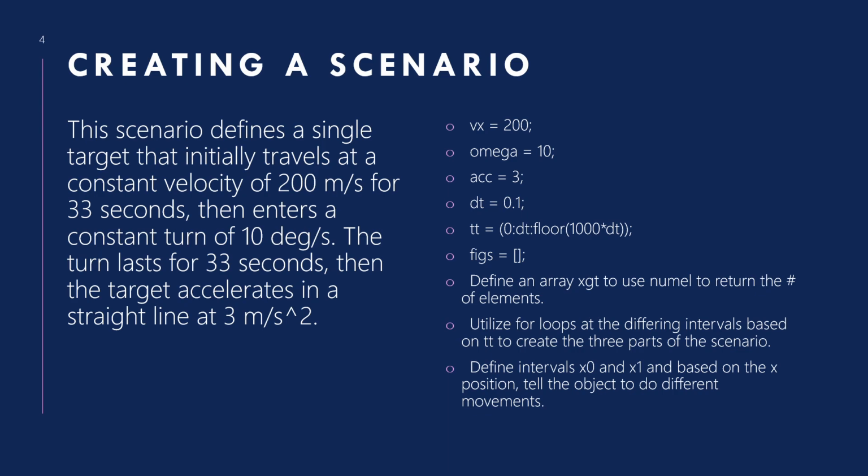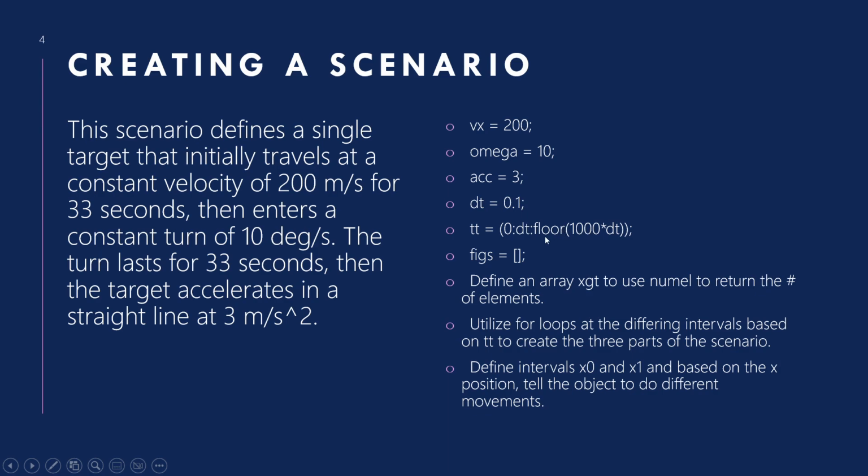The initial phase has an acceleration of 0, so it's just going to be moving in a straight line, and that's how the first and the third phase are different. To do this in MATLAB, you first, of course, have to define our velocity, which is 200 meters per second, the angle omega, 10 degrees, and the acceleration of 3. dt is our time interval, which is 0.1 seconds; every single time, the tracker is going to take a snapshot of this so that we get accurate results.